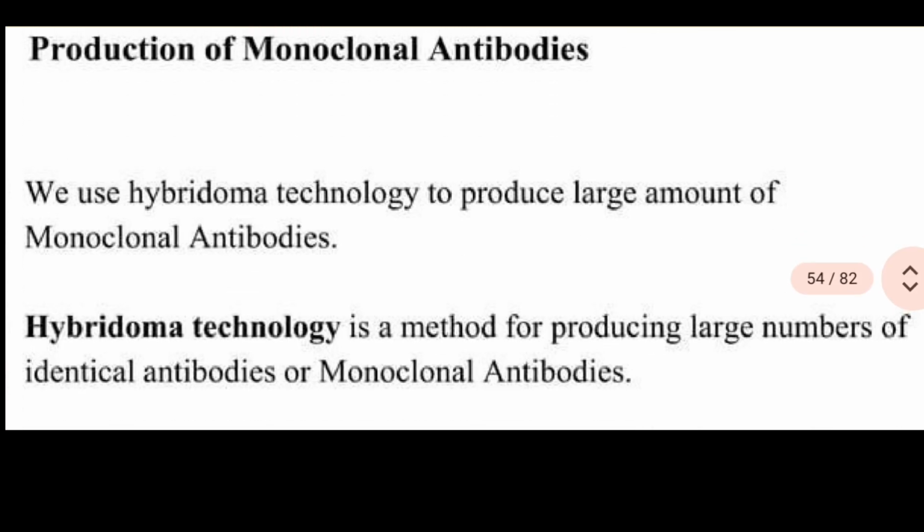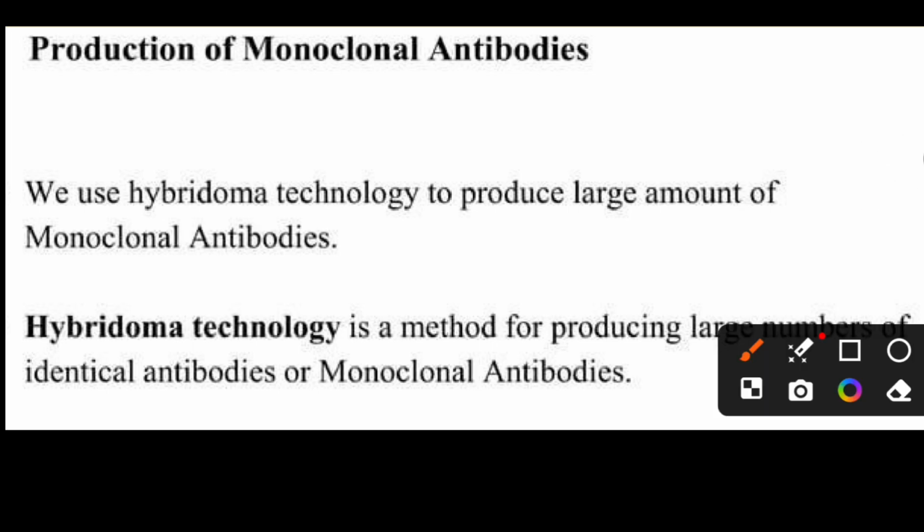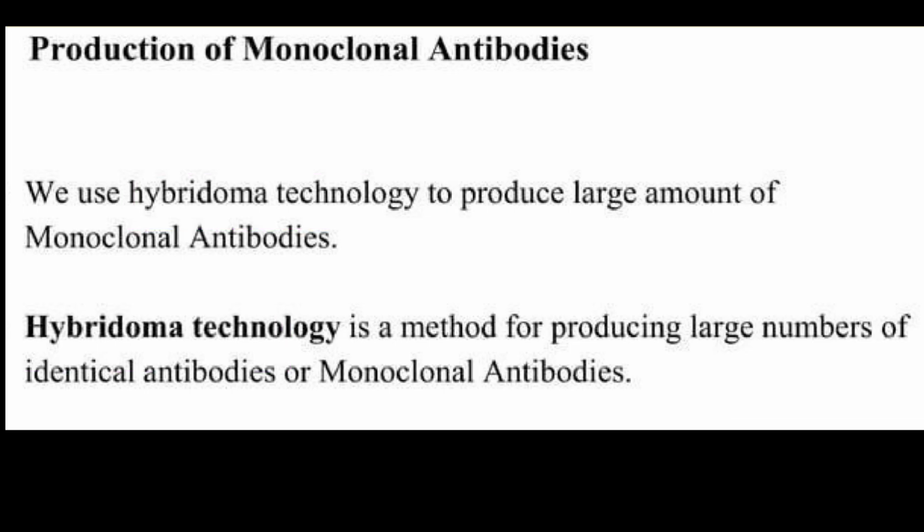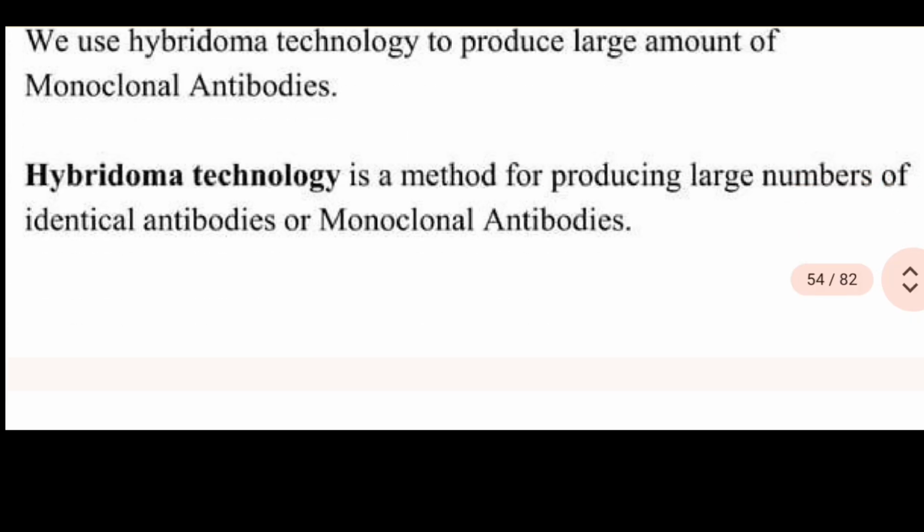Now, how does production of monoclonal antibodies take place? We use hybridoma technology. Basically, these are produced by hybridoma technology, a method for producing large numbers of identical monoclonal antibodies.